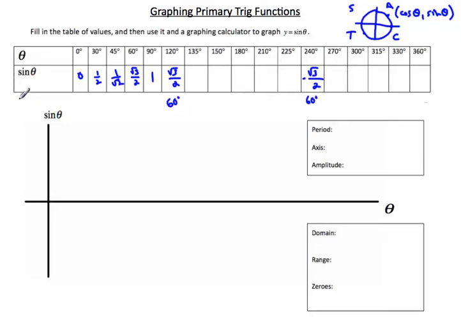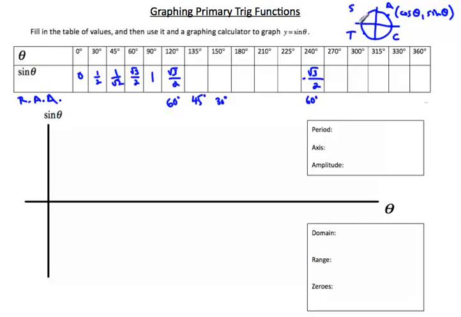It might be helpful for you to go through and mark off what the related acute angles are for each of these angles that are not in the first quadrant in order to help simplify the process. If we do them together, the related acute angle of 135 is 45 degrees away from the nearest x-axis here in the second quadrant. 150, the related acute angle is 30 degrees.